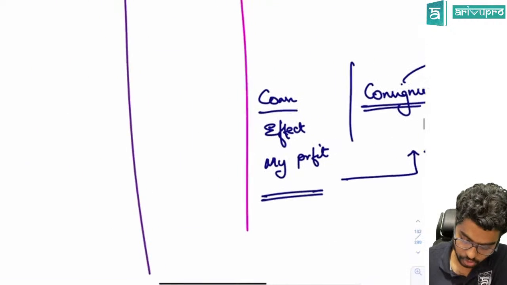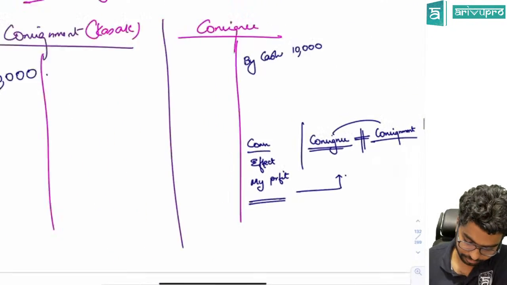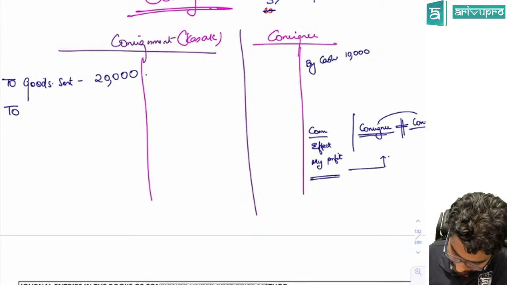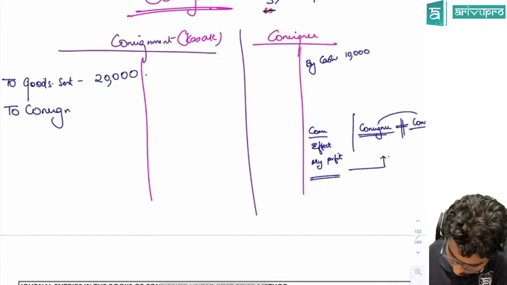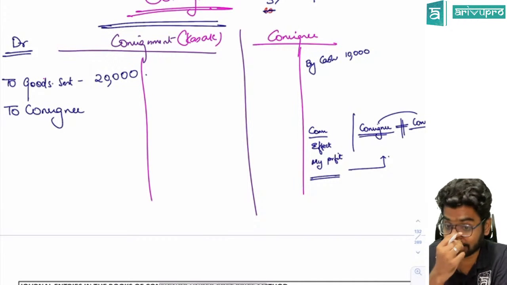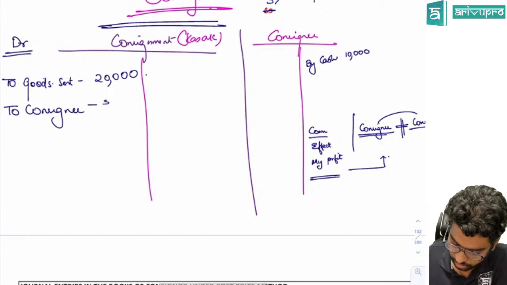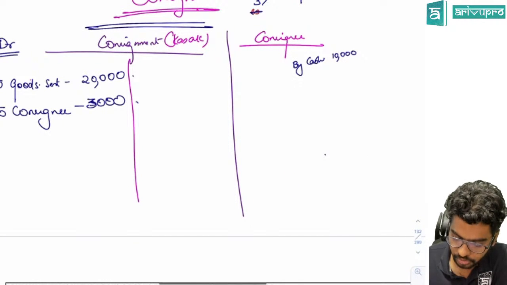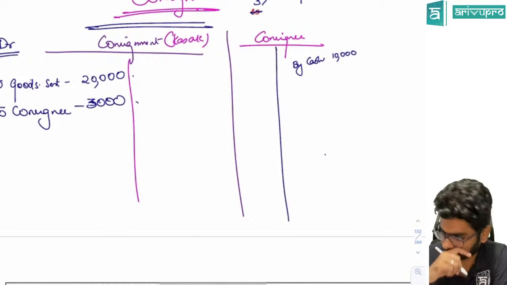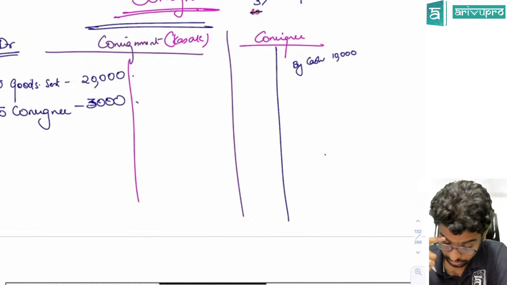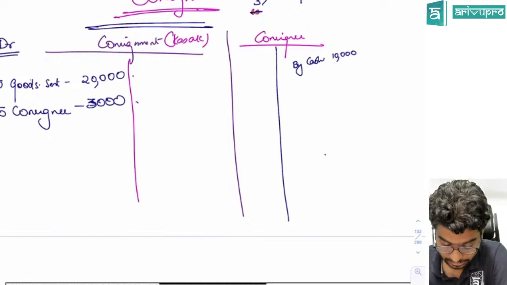So it's an expense to me. Guys, here consignment account debit. I'll write it as to consignee account, because we have to debit all my expenses, and I told you this is like my trading account. Consignee account, let's say I'm incurring 3000. And see, I've already paid him 10,000 as an advance. So, what will be the journal entry?